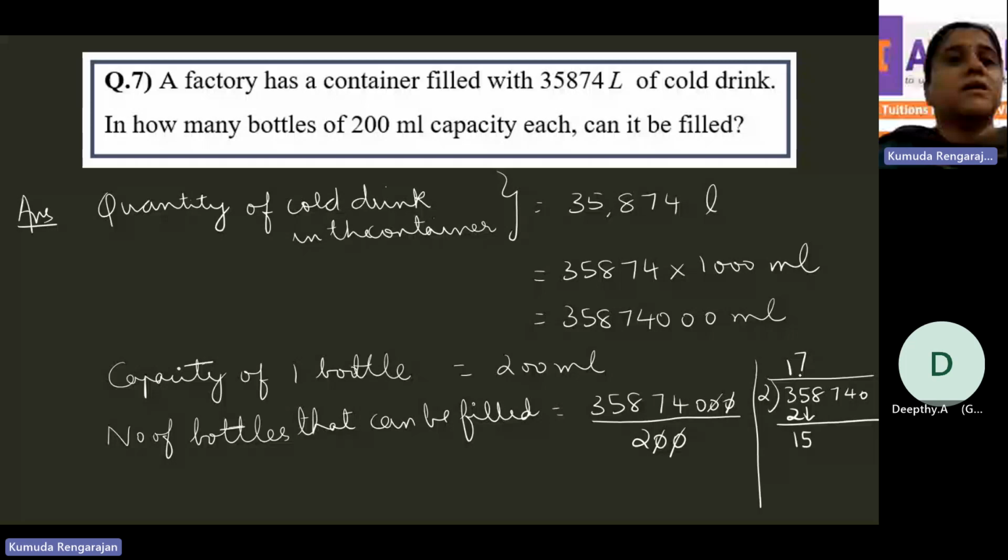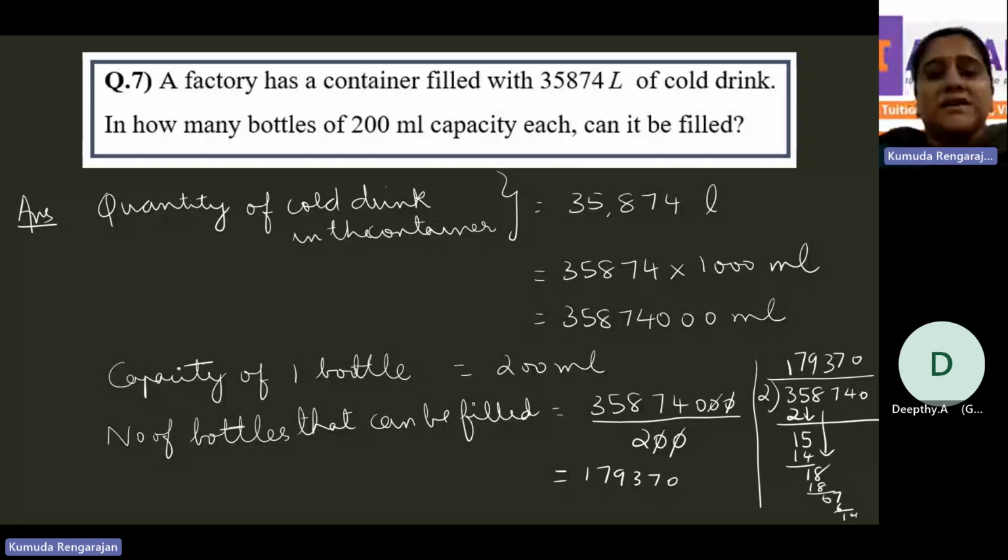You got it? So what is the question, children? A factory has a container. Listen to the question again. A factory has a container filled with 35,874 liters of cold drink. That's the quantity of cold drink in the container, correct?